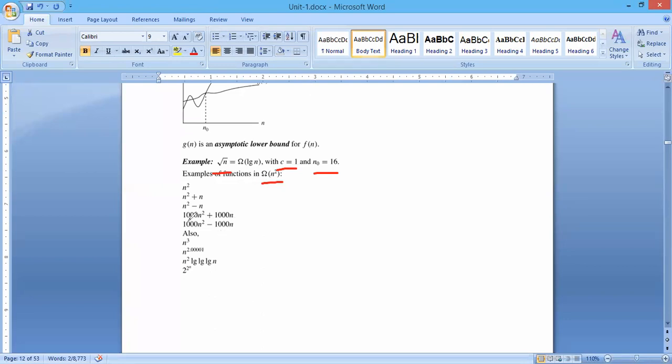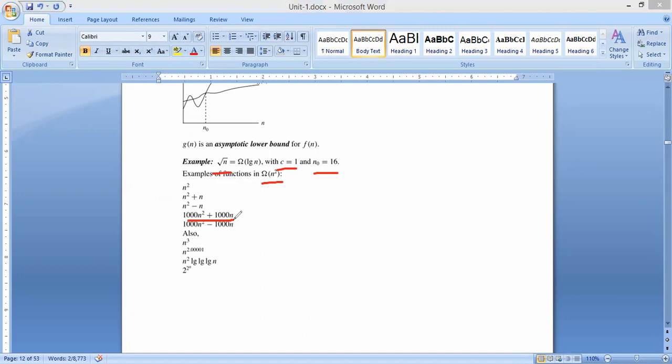If we have a value 1000 n square plus 1000 n, let's suppose our c value becomes 1000. In that case we represent this as a constant value.